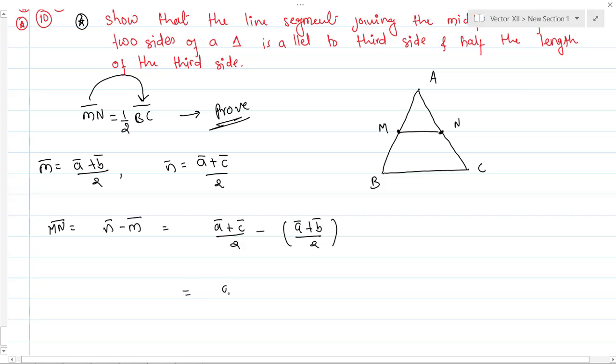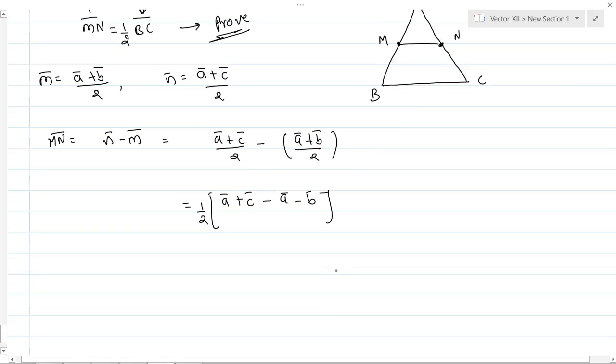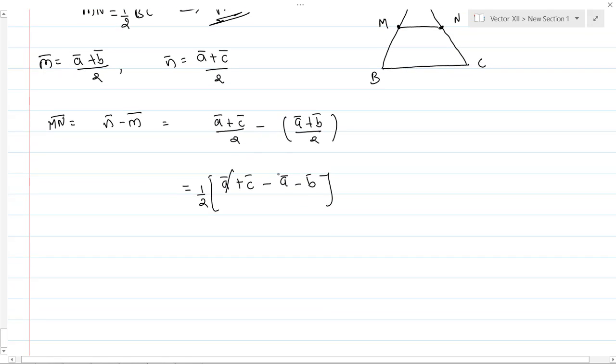equal to 1 by 2 common, so it is A bar plus C bar minus A bar minus B bar, divided by 2. Here A bar cancels out, so this is equal to 1 by 2 times what is remaining, C bar minus B bar, so this is equal to 1 by 2 BC bar.